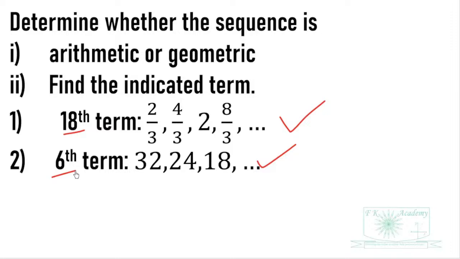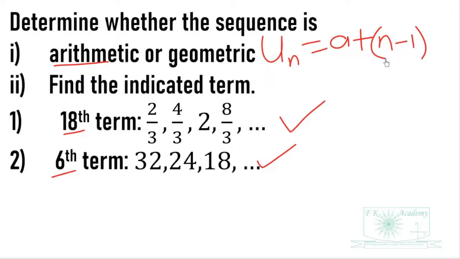So that is what we are going to do basically in this live section. So let's begin. But before that, remember that for arithmetic sequence, we have the nth term equal the first term plus n minus 1 times the common difference.